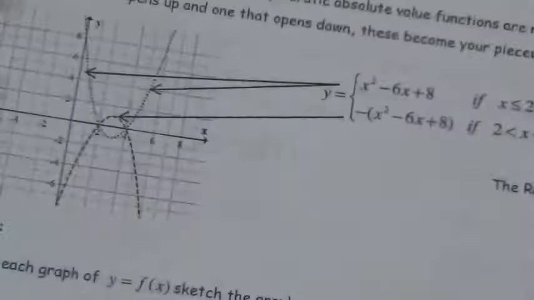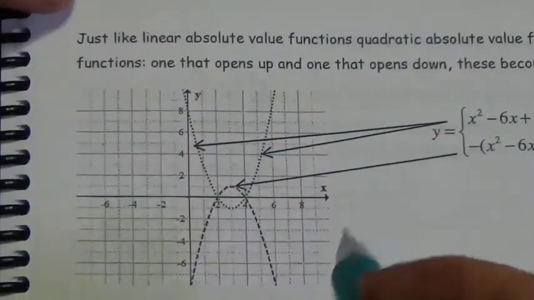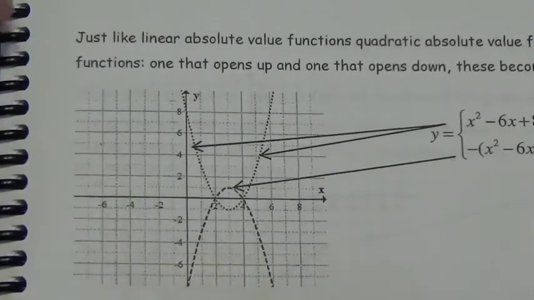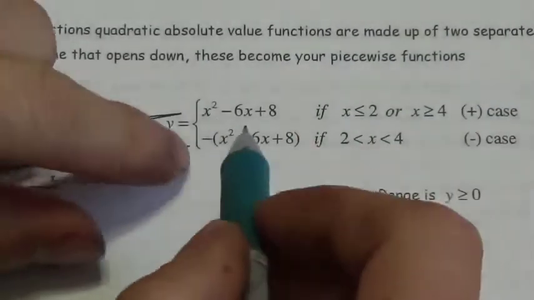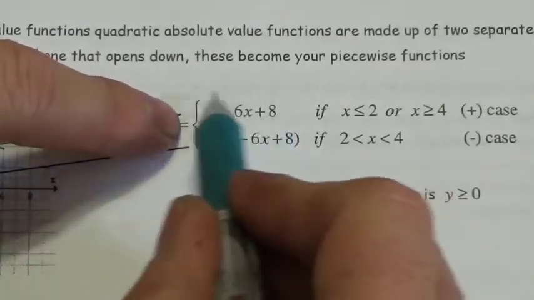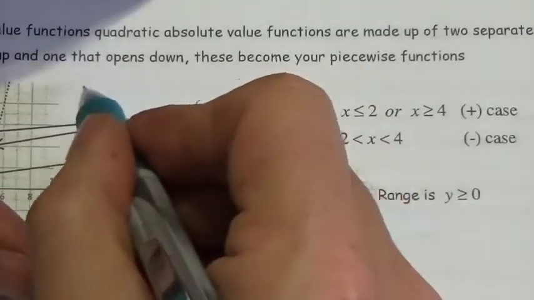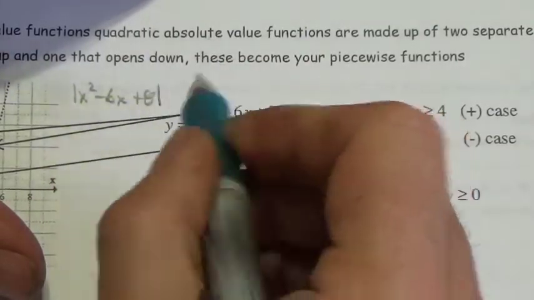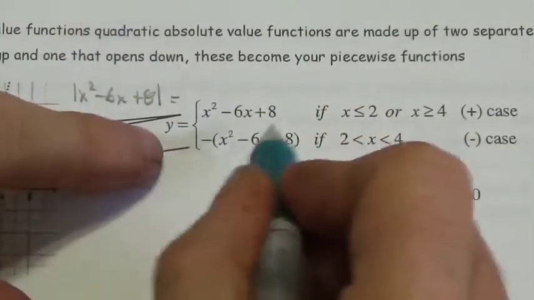Now, I want you to think about the way piecewise functions work here. With the piecewise function, what we did is we started with the original. So the absolute value of x squared minus 6x plus 8, which is y in this case, is going to equal this right here.